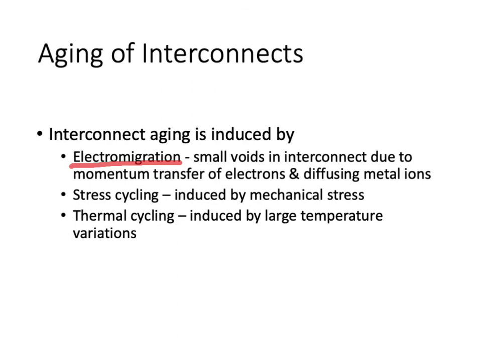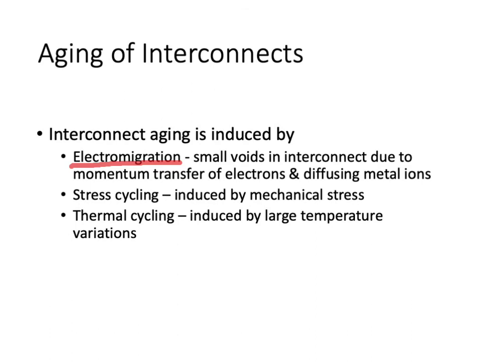And of course, besides the electromigration effect, which is the main one, there's also stress cycling. The circuit operates under changing temperature gradients, very quickly, and then it expands and contracts, so this will create stresses. And also thermal cycling, the heating and cooling of the chip, also creates aging effects that perhaps change the profile of the doping due to diffusion effects and all that.